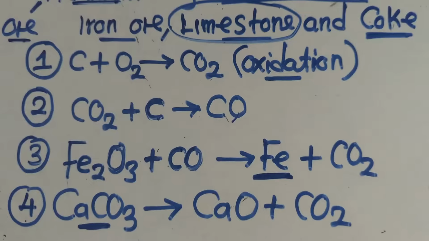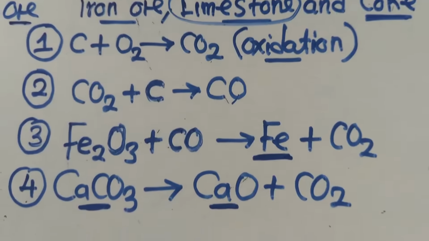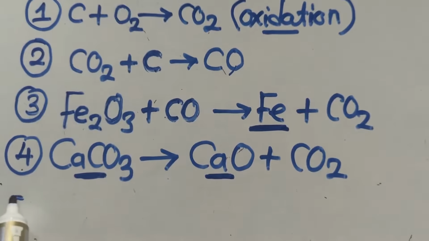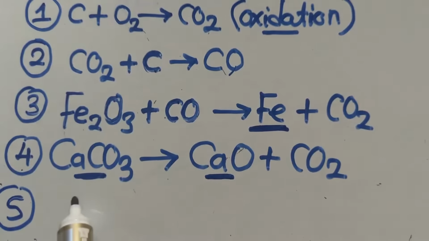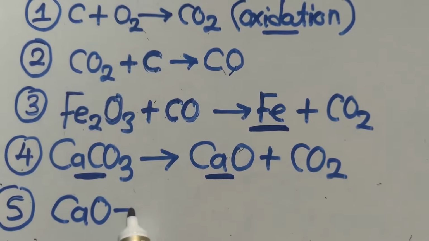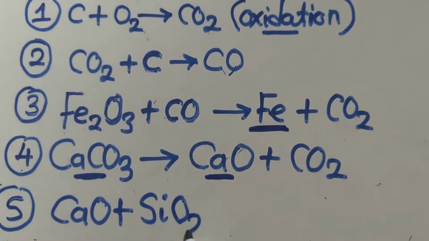So that we can get the calcium oxide, which is then going to react with silicon dioxide, which is sand, to form calcium silicate or a slag. So the last reaction is where the calcium oxide reacts with the silicon dioxide. This is what gets to happen.